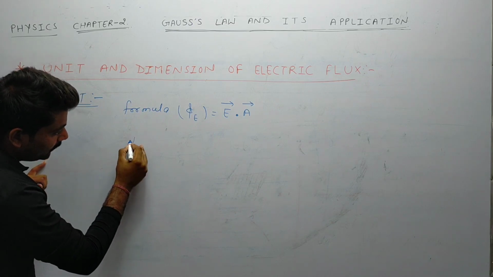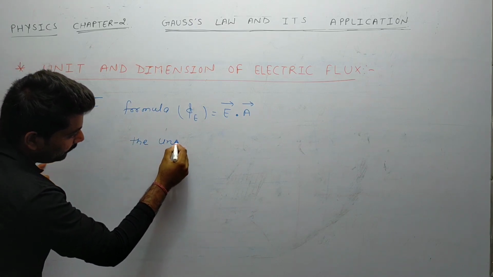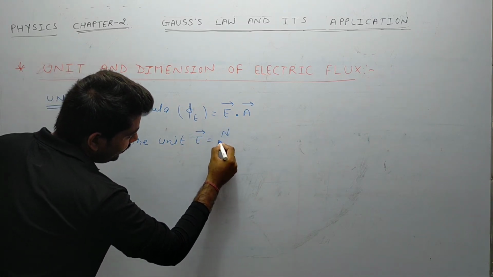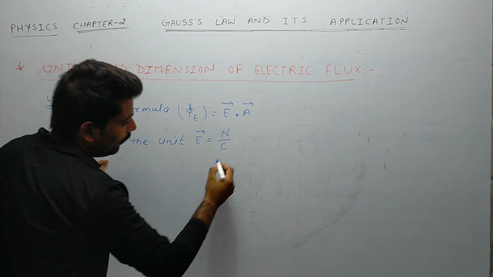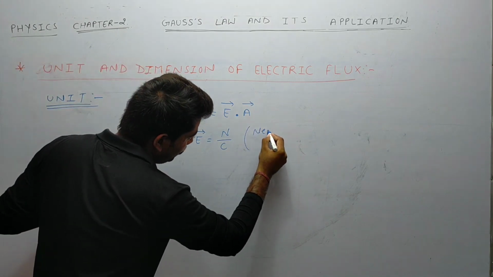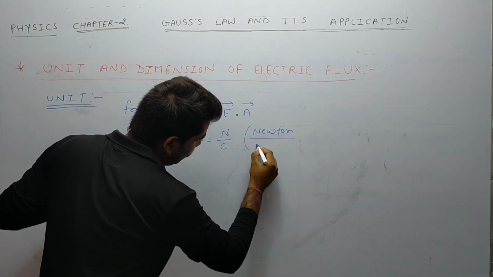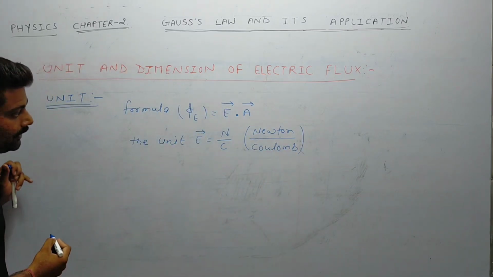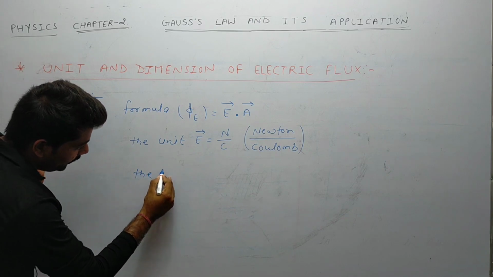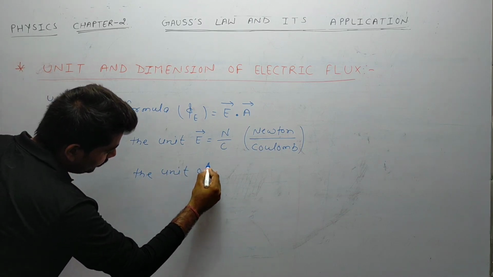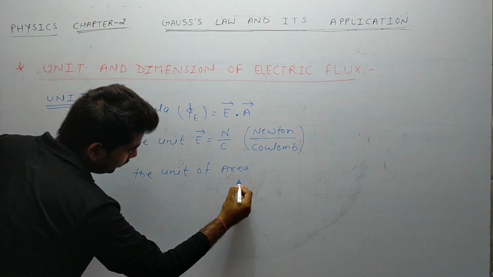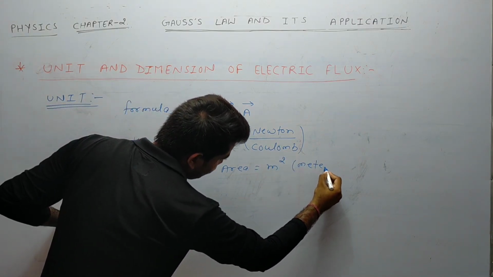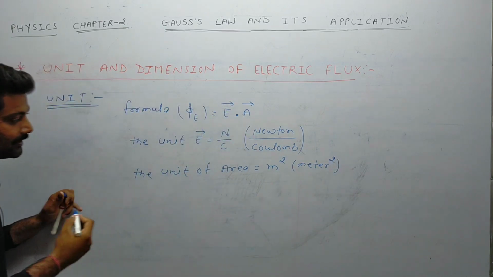We know that the unit of electric field is Newton per Coulomb, and the unit of area is meter square.